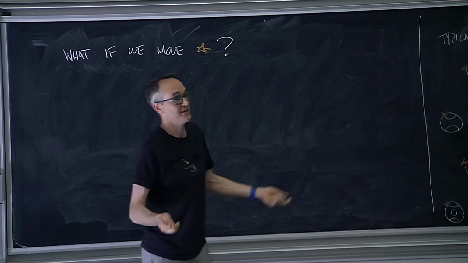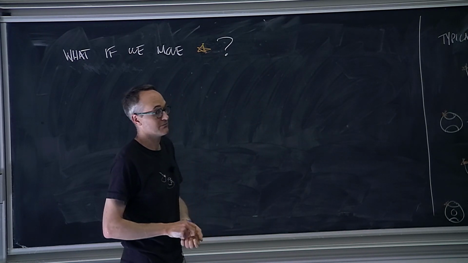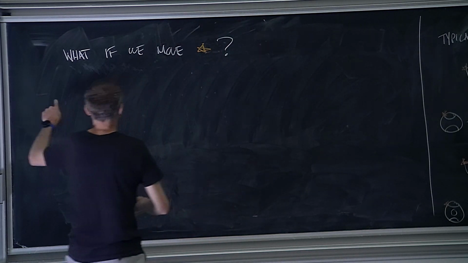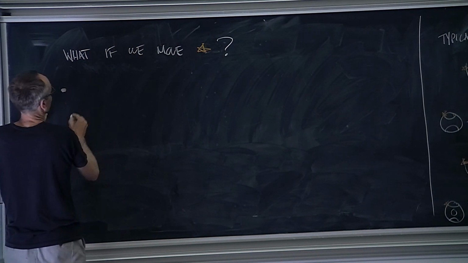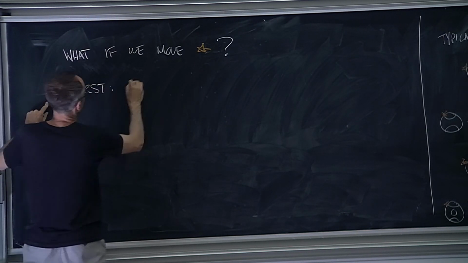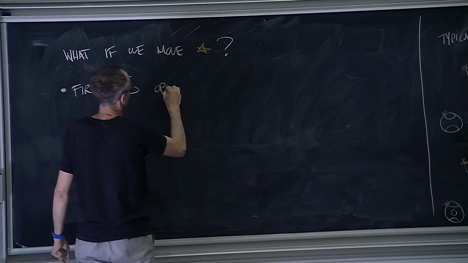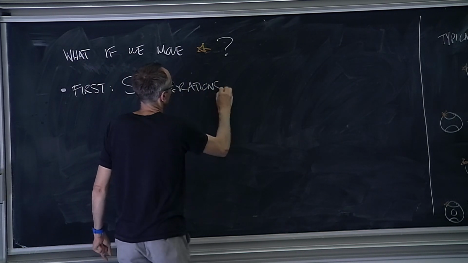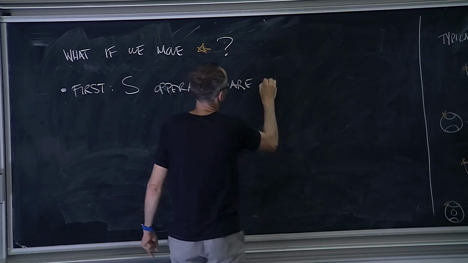It could change, put signs in all kinds of places. It could completely destroy things. It should still work, but let's see what's going on. Well, first of all, the S operations are not affected.